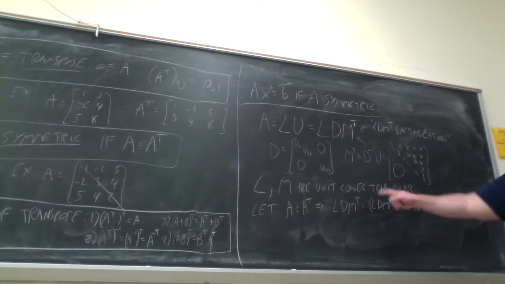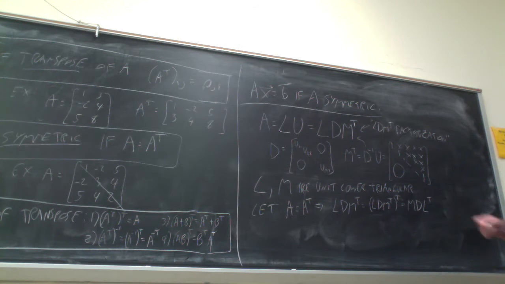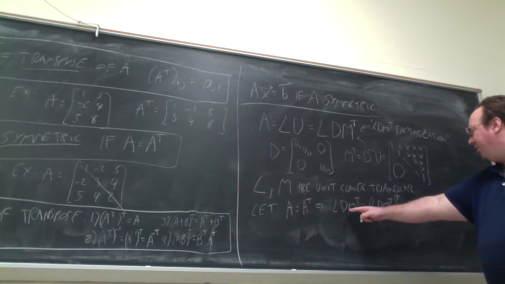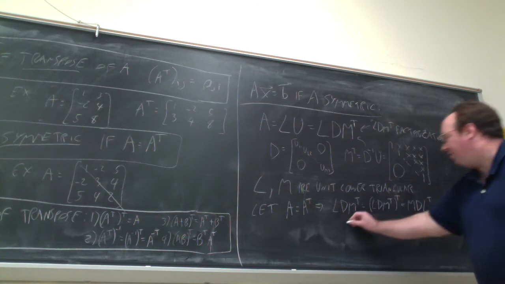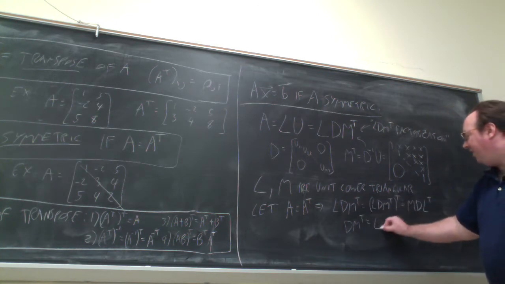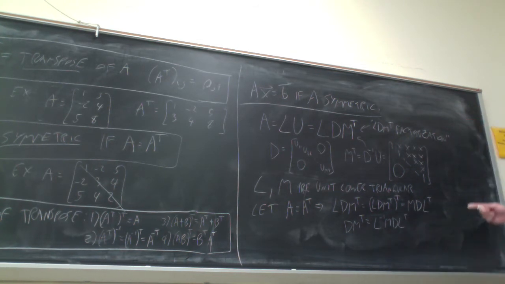So I can work with the inverses of both M and L. I'll multiply both sides by L inverse, so it cancels on the left side and I have L inverse M. Then I'll multiply on the right by L inverse transpose.